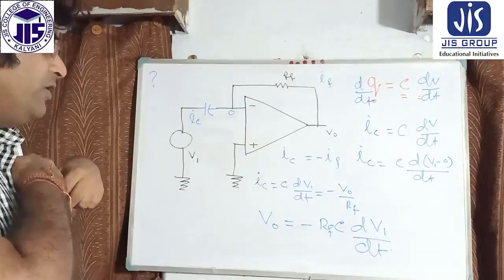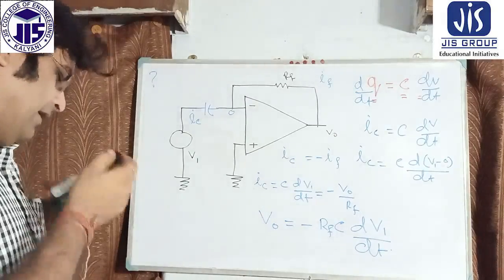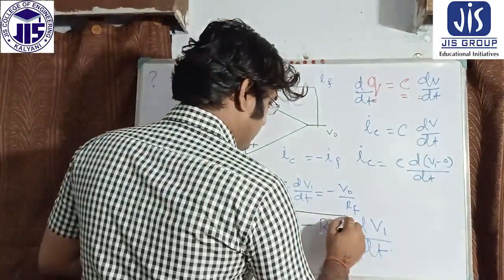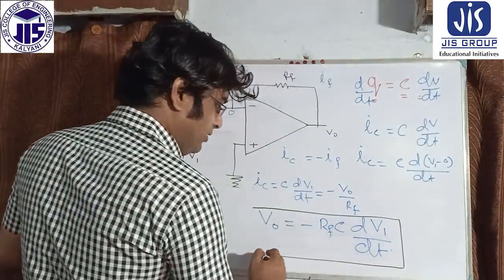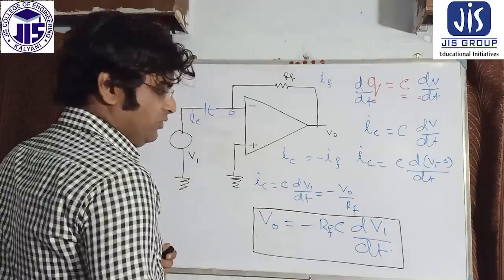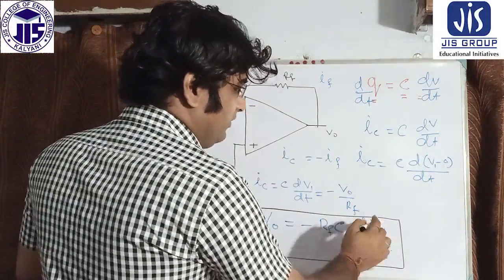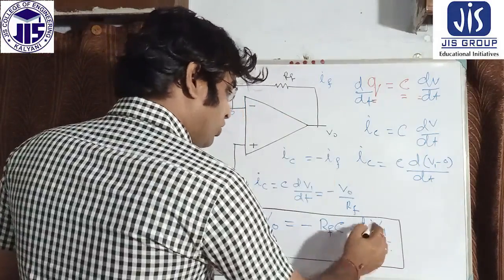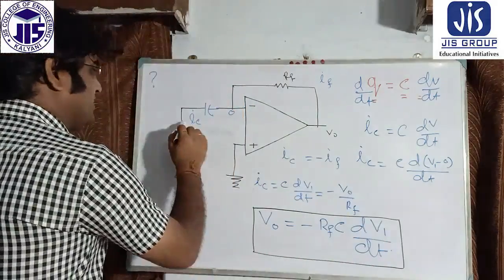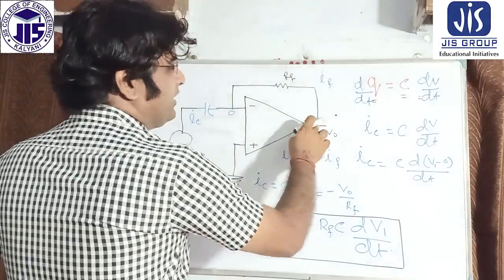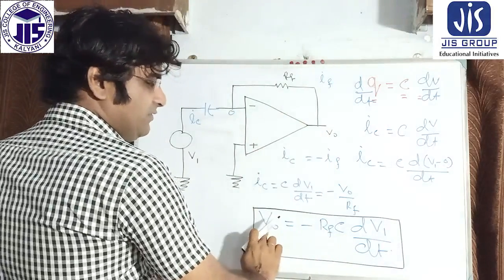Vo equals minus RF C dV1/dt. That is one of the very important equations. You see the input voltage coming in here is differentiated and gives the output voltage, that is Vo, which is given here.